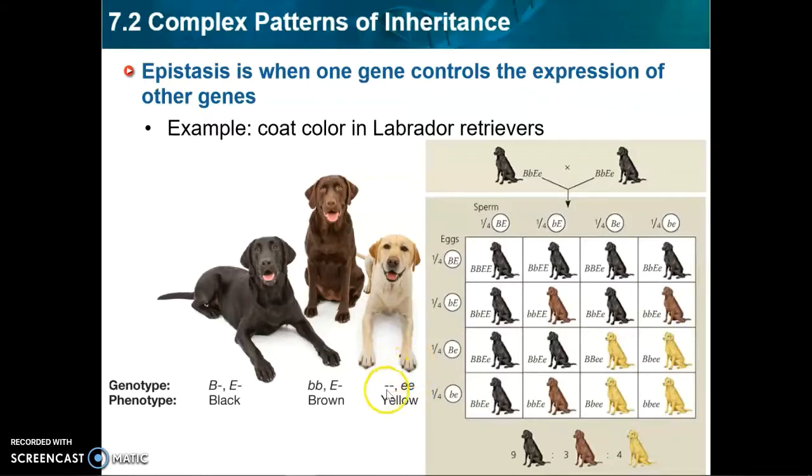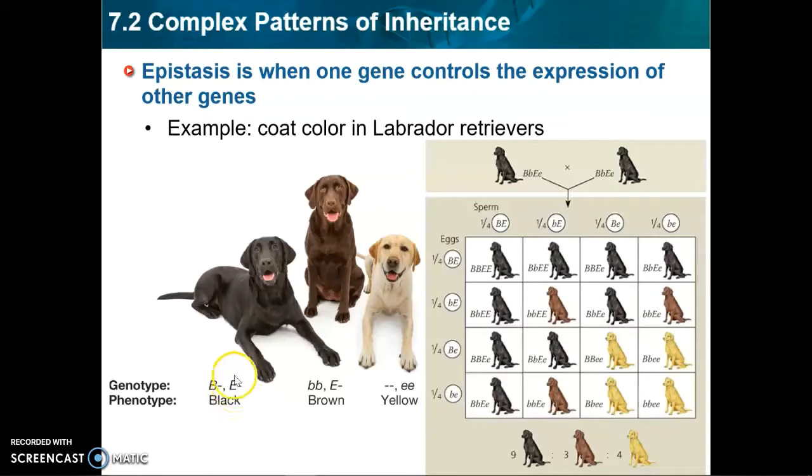It does not matter what this yellow lab has at gene B. It could have 2 capital B alleles and still be a yellow lab because it's recessive at this second gene location. In other words, the only way to get either brown or black color is to have at least 1 dominant allele for gene E.